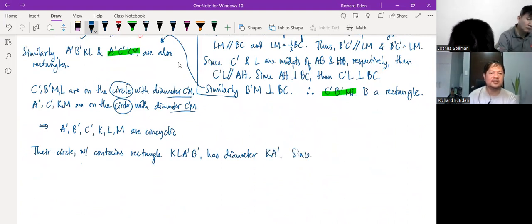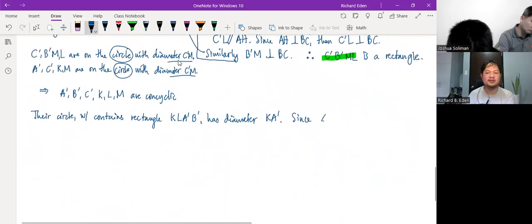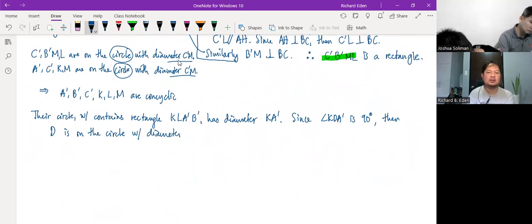And then since ito, KDA prime is 90 degrees, then the point D is on the circle with diameter KA prime.